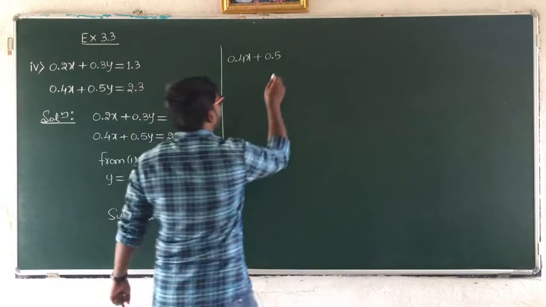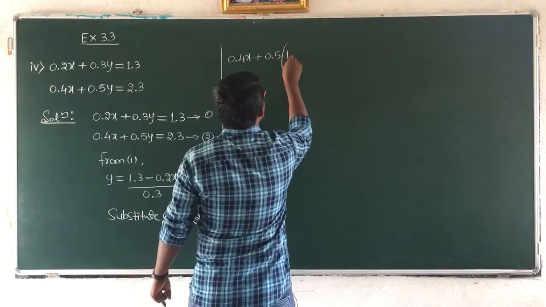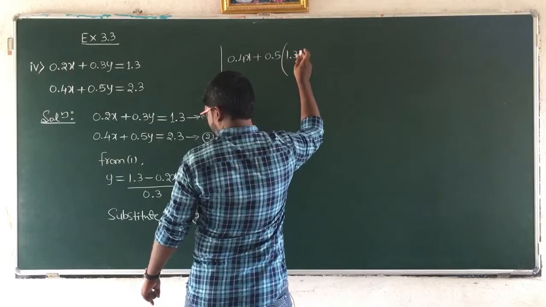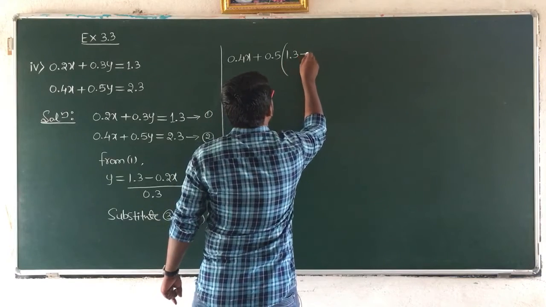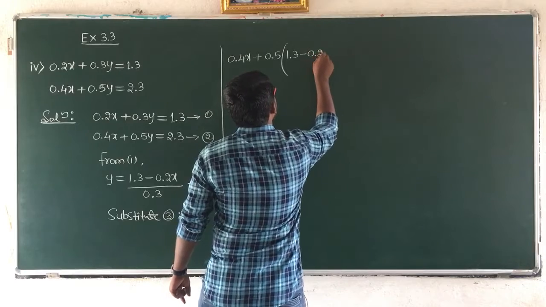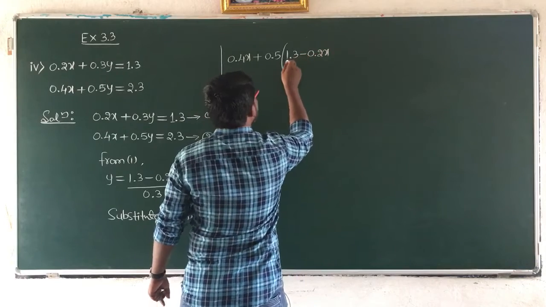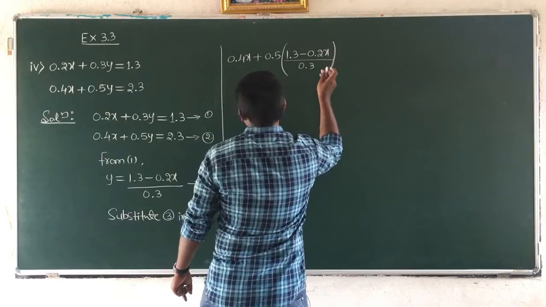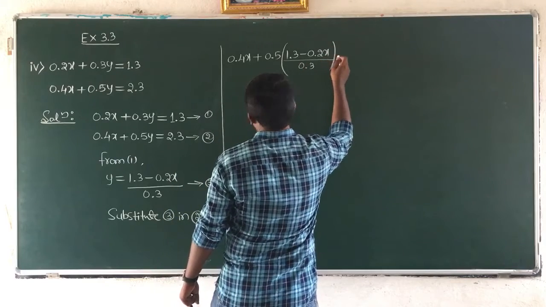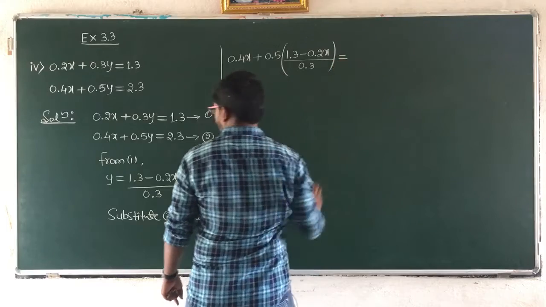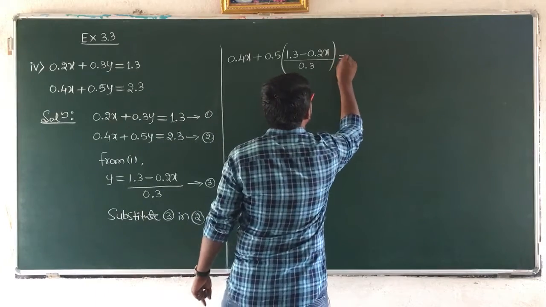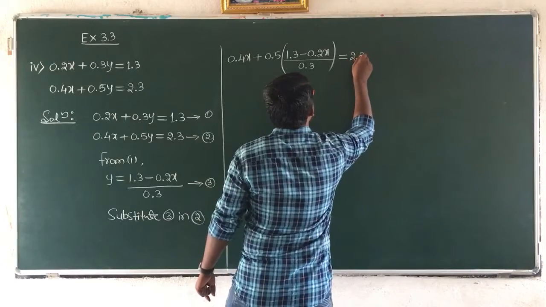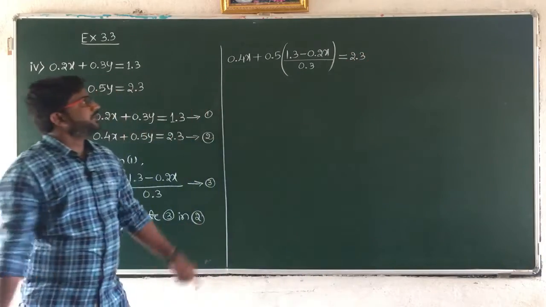So it is (1.3 minus 0.2x) divided by 0.3, which equals 2.3. Now we have to simplify this.